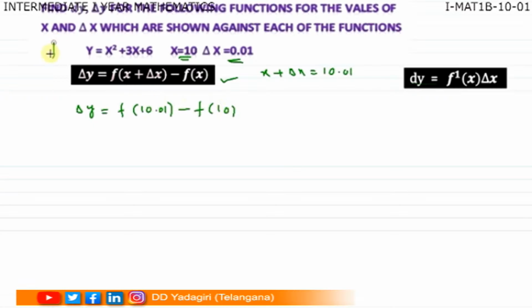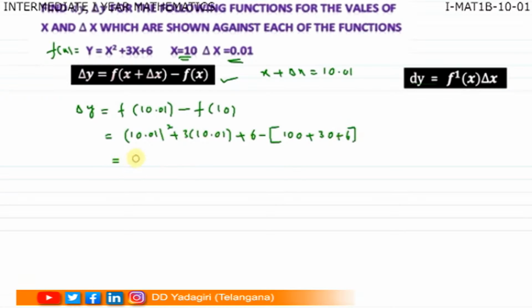Now this is the given function. f of x is equal to y is equal to the given function. Now this can be written as 10.01 whole square plus 3 into 10.01 plus 6 minus, instead of x write 10 there: 10 square, that is 100, 3 into 10, 30, plus 6 as it is.